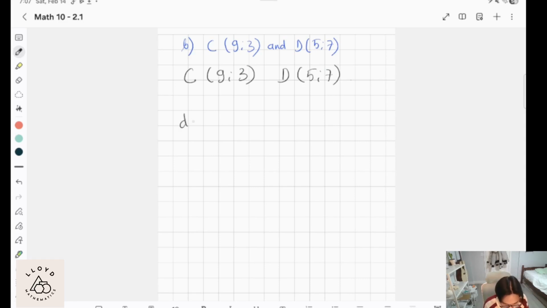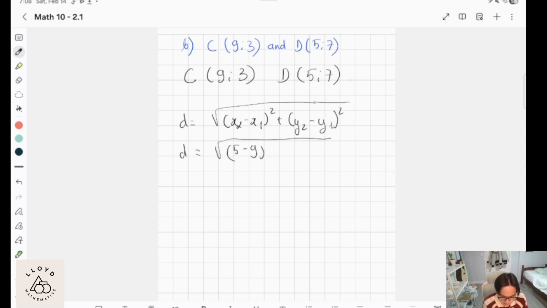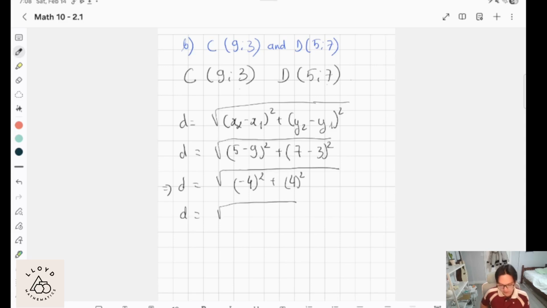So here's the formula: the square root of (x2 minus x1) squared plus (y2 minus y1) squared. So D is equal to the square root of (5 minus 9) squared plus (7 minus 3) squared, which is the square root of (minus 4) squared plus 4 squared.